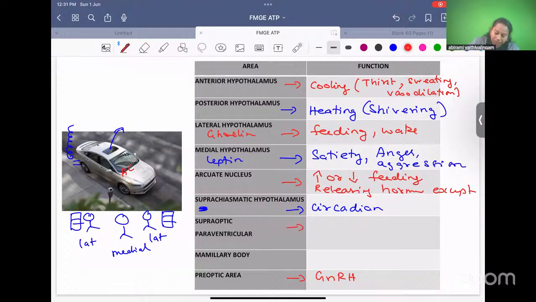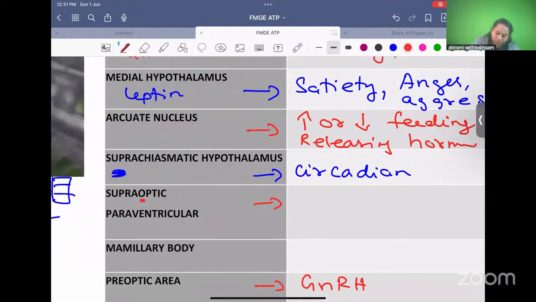Supraoptic and paraventricular nucleus. You have an O and V there. O stands for O hormone oxytocin, V for V hormone vasopressin. Both are hormones of posterior pituitary. Remember, both nuclei can produce both oxytocin and vasopressin.